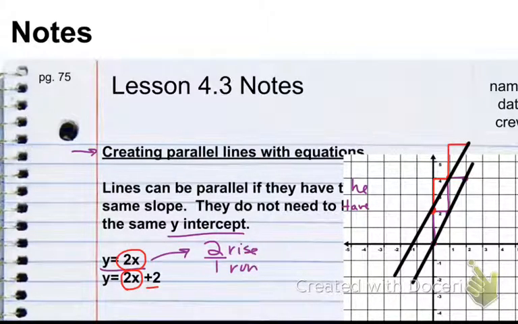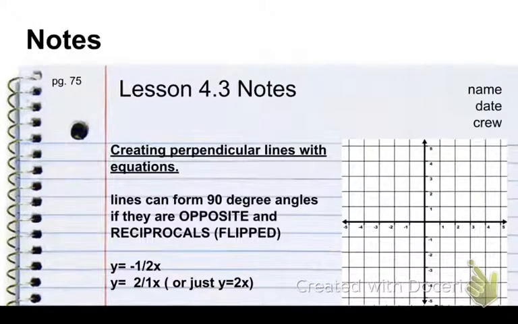Now, what happens when we want to create a perpendicular line? A perpendicular line is a line that intersects at exactly 90 degrees. We can do that by making an opposite, reciprocal slope. For instance, the first equation here is y equals negative 1/2 x.